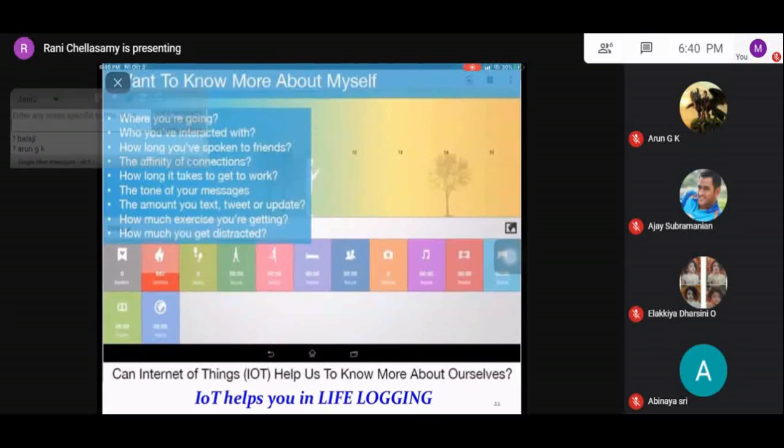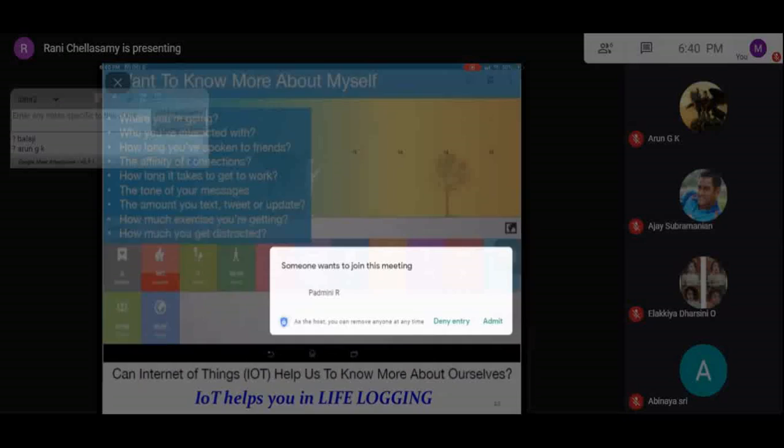That is, these are some pieces of information which IoT helps in life logging: where you are going, who you have interacted with, whom you are interacting with, how long you are speaking to your friends, the affinity of connections you are having, how long it takes to get to work, the tone of your messages, the amount you text or tweet to your friends, updates on your mobile phones, how much exercise you are getting, how much you get distracted from your friends.